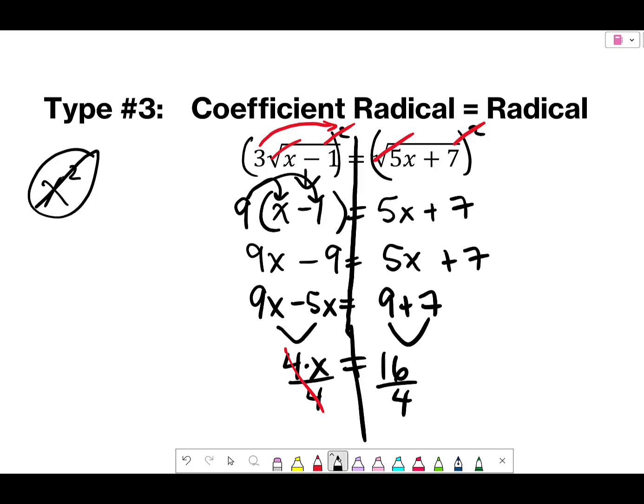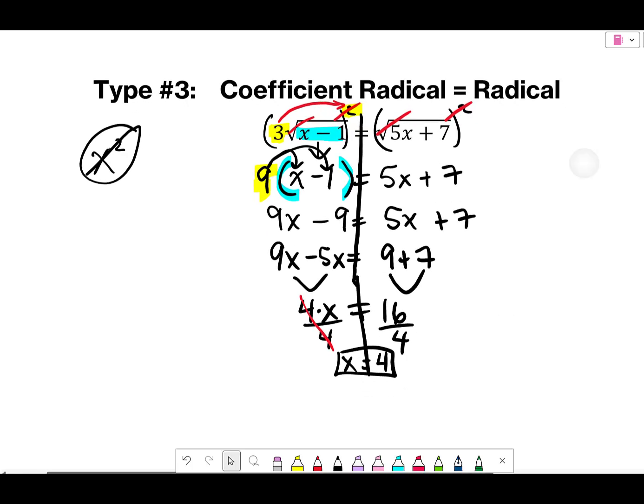Going to eliminate and divide. So that will be the final answer, which is x. Again, I'm going to highlight the part that people messed up is that 3 has to be squared because it's included in those parentheses, which is a 9. And then the inside part of the root, you need to put these parentheses. So that's the type 3 problem.